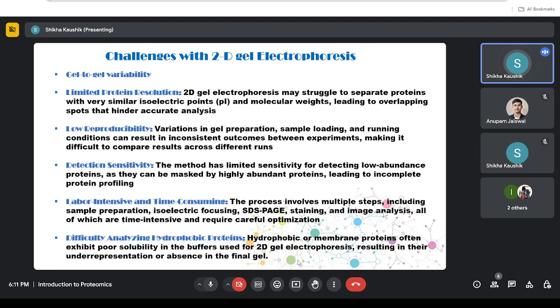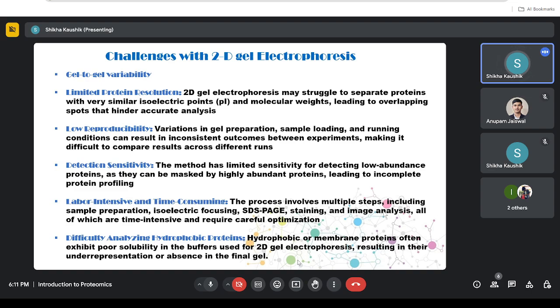At the same time, 2D gel gives you limited protein resolution. You may struggle to separate proteins with a very similar isoelectric point. When we say 1D, the main limitation was that we cannot separate proteins with the same molecular weight.